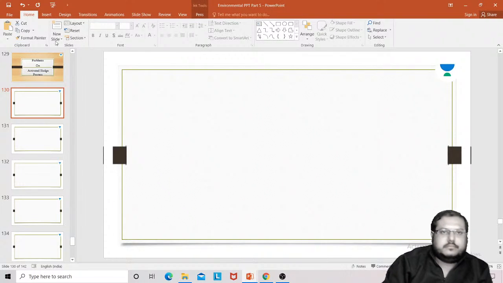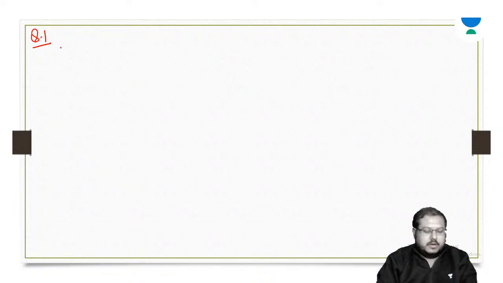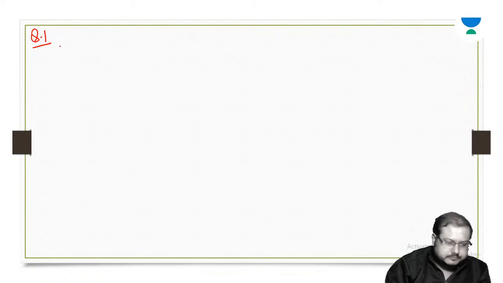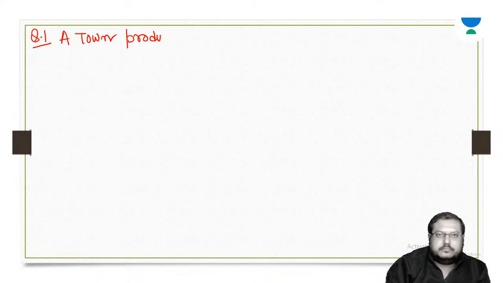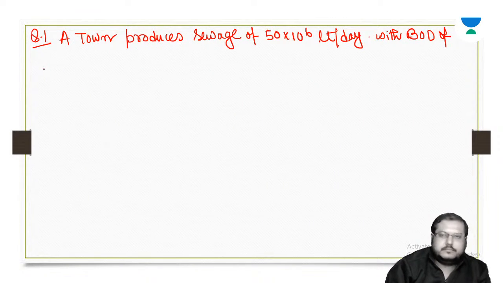First question. Question number 1. A town produces sewage of 50 into 10 to the power 6 liters per day with BOD of 180 milligram per liter.